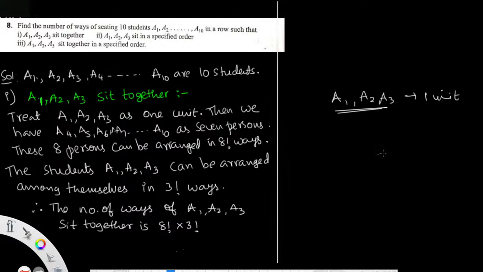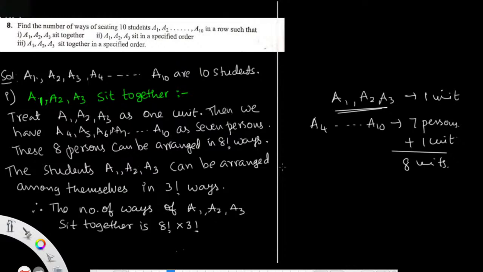How many remain? Three are taken as 1 unit, so the remaining are A4 up to A10, which is 7 persons. Plus the 1 unit we have taken, totally 8 units. So these 8 units can be arranged.